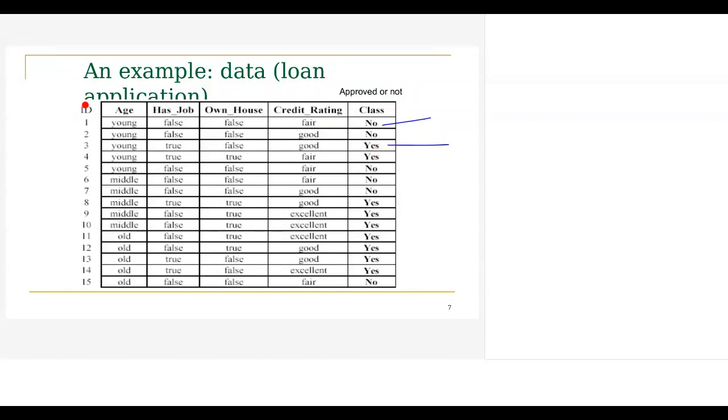We have 15 entries in this data, and you can see no and yes according to these features. We have 6 no's and 9 yes's. These are the two classes, yes and no, and we have the data in those classes.